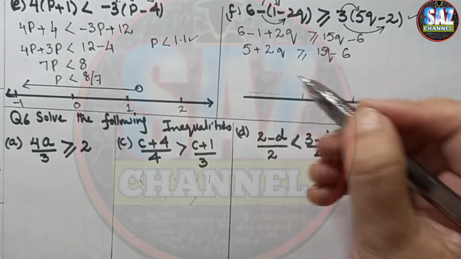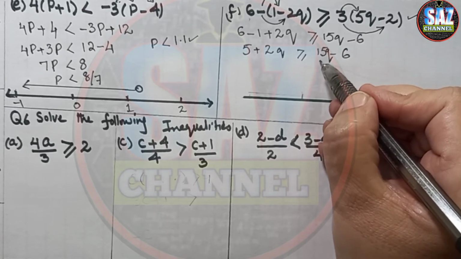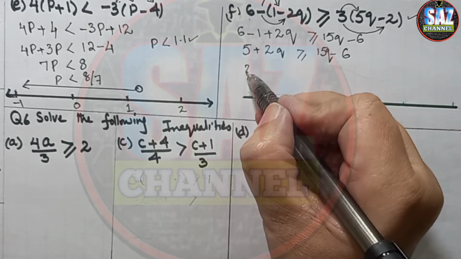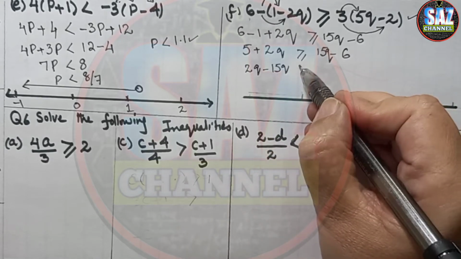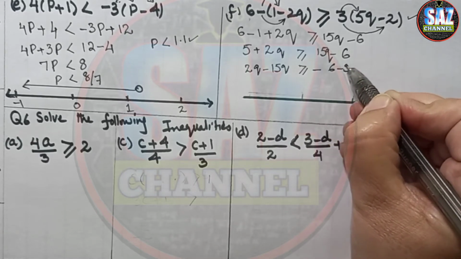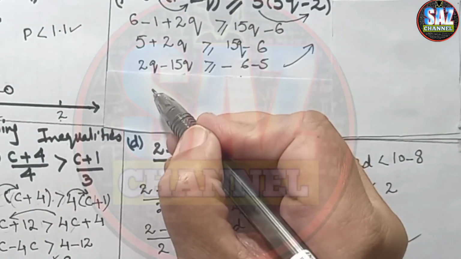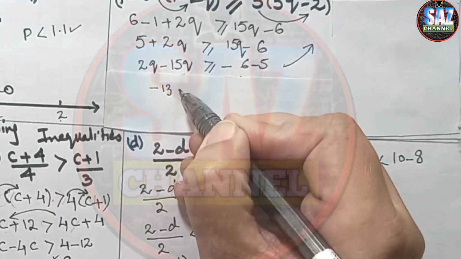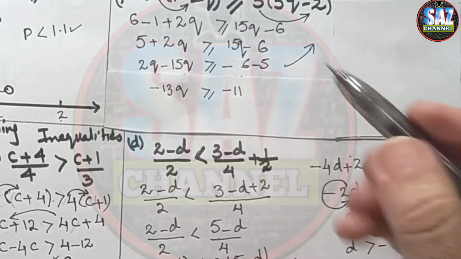Now bring like terms to the same side, and preferably the left-hand side. 2q - 15q ≥ -6 - 5. Now -13q ≥ -11.